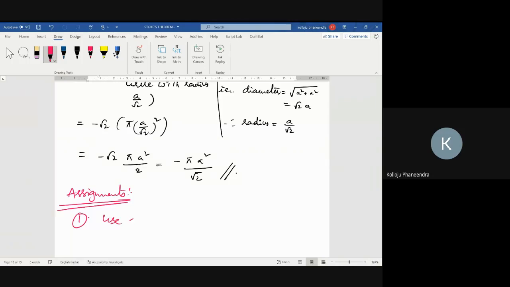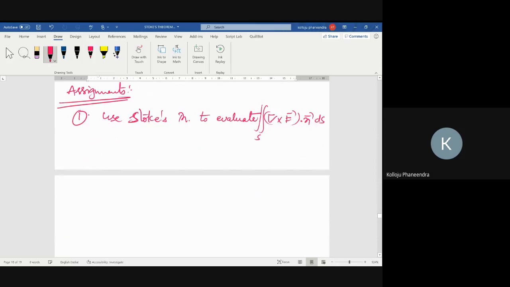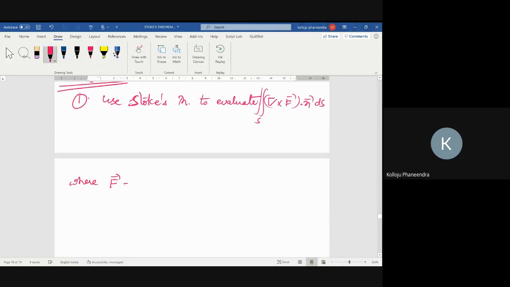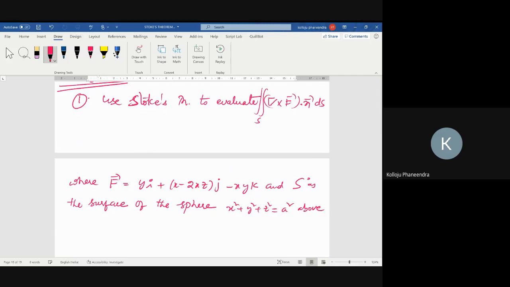Use Stokes theorem to evaluate the integral of del cross F bar dot N bar dS, where F bar equals yi plus (x minus 2xz)j minus xyk, and S is the surface of the sphere x square plus y square plus z square equal to a square above the xy plane.